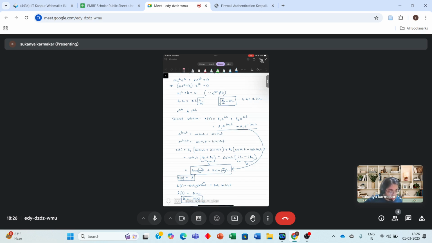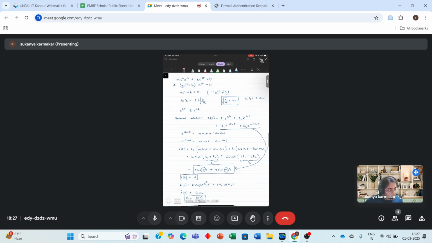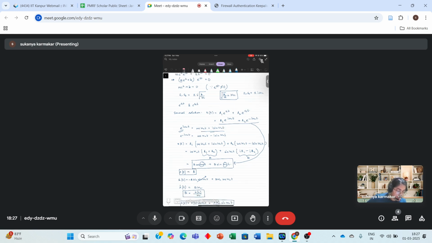Euler's formula is derived from the Taylor series itself, but I don't think we are ignoring any terms here, because this is also a series on the left hand side and this is also a series. So we are not dropping any term. It is exactly the same Taylor approximation.